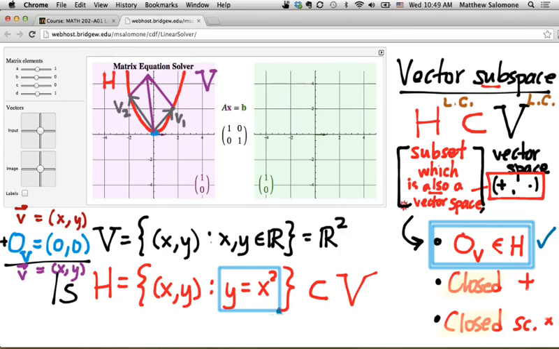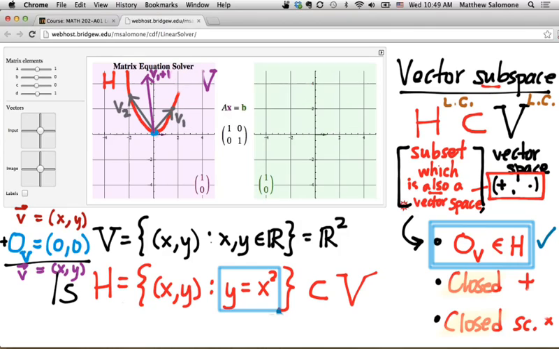Take away our parallelogram line so we can see that a little better. So there's v1 plus v2. Absolutely. So geometrically, what can we conclude? Does v1 plus v2 belong to H? No. If we add two points that are on this parabola, we get a point which, in general, does not lie on that parabola.